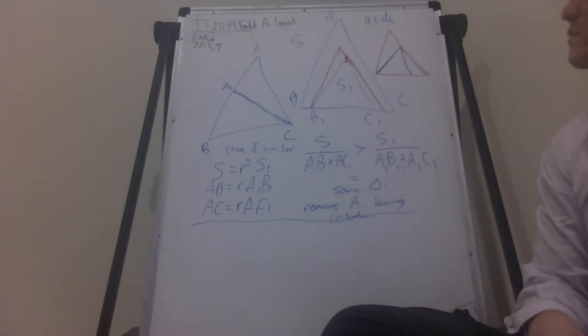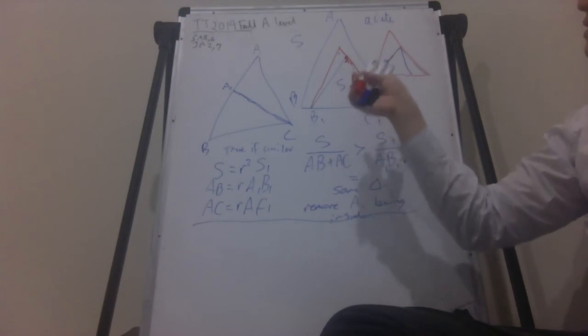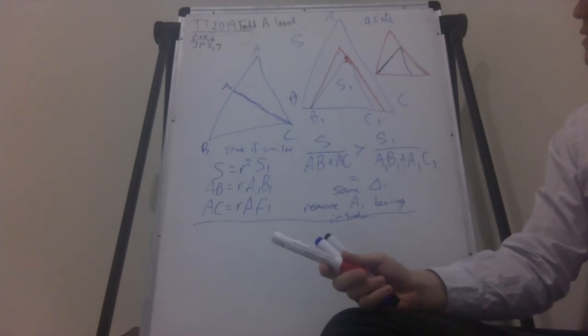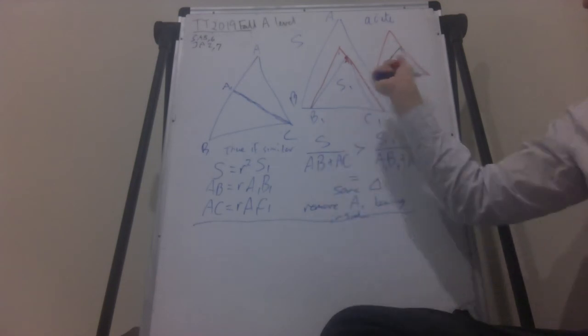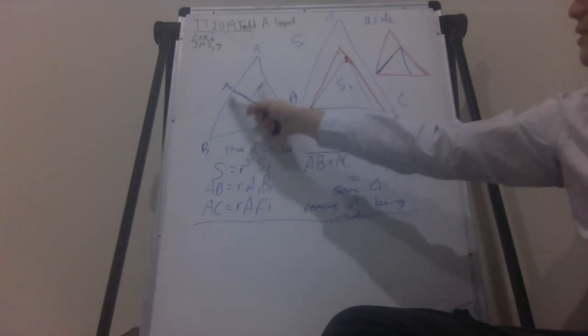Oh. So that changes the case to two cases. Now we've changed that case into the case where basically it has to go along the side, right? That's the red and black triangle, yeah?